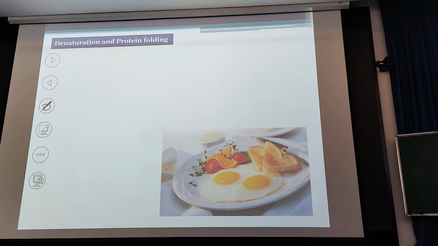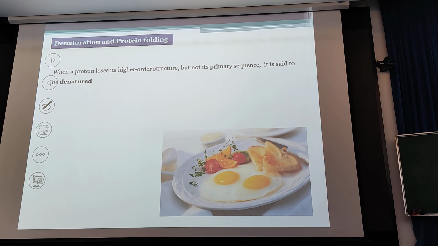That is for the structure of proteins, and the next part is denaturation and the folding of proteins. When a protein loses its higher-order structures, but not its primary sequence, it is said to be denatured.